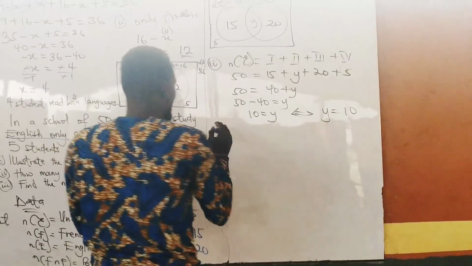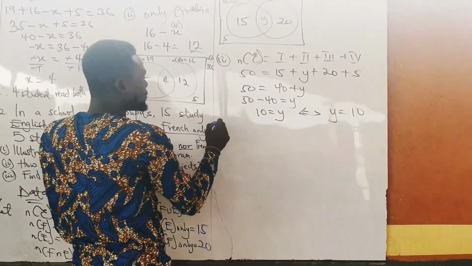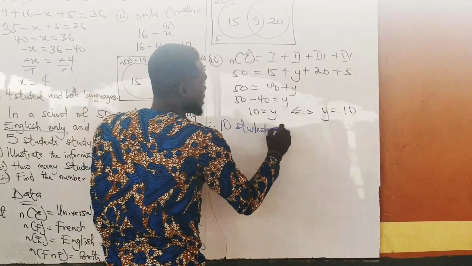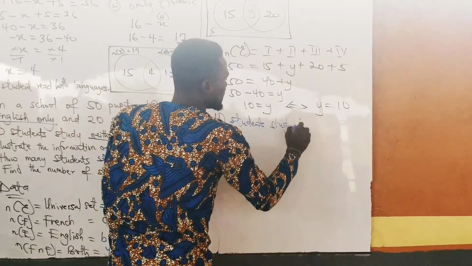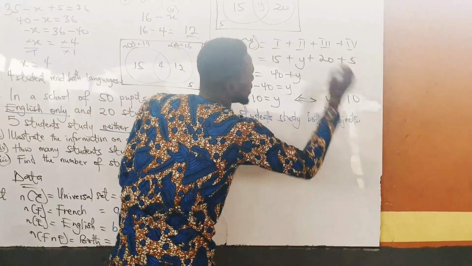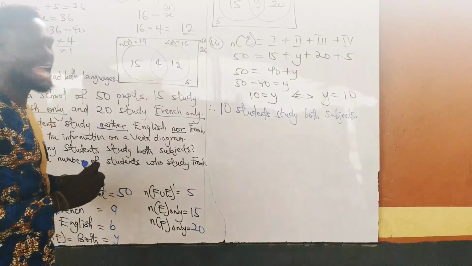So we are going to state our answer and say, therefore, 10 students study both subjects. Then you've concluded on the II.